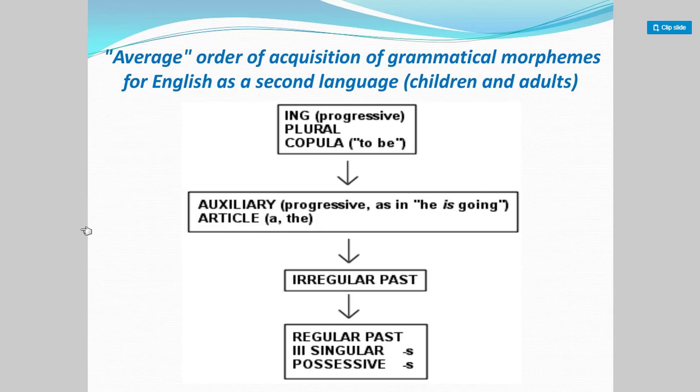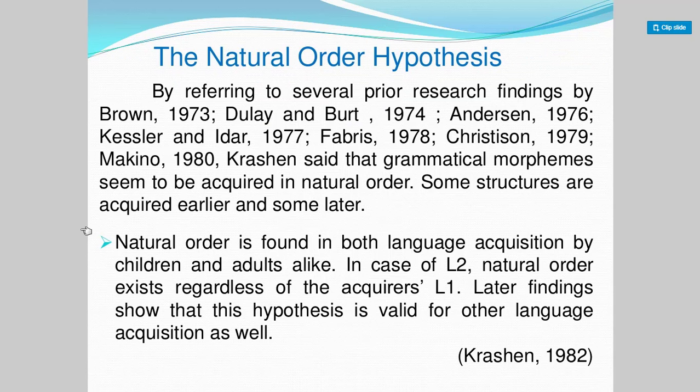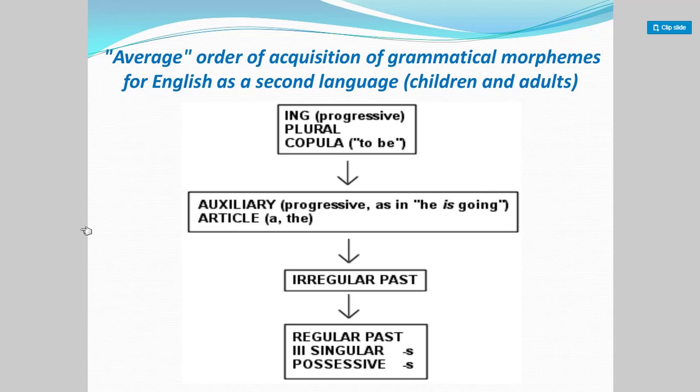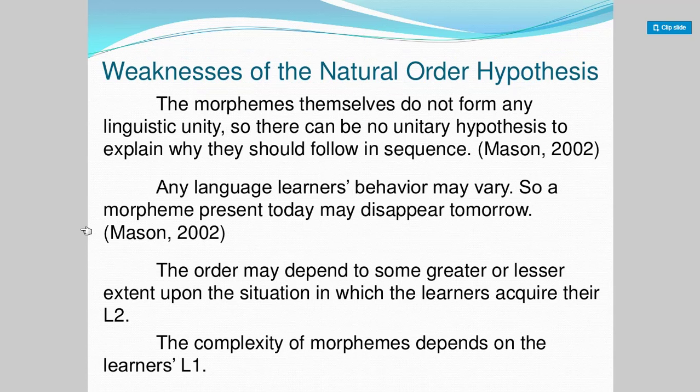So the natural order hypothesis means that we're going to learn based on some instructions, but these instructions are going to tell us what is first, what is second, what is next, right? And here, this is going to be just related to morphemes, right?